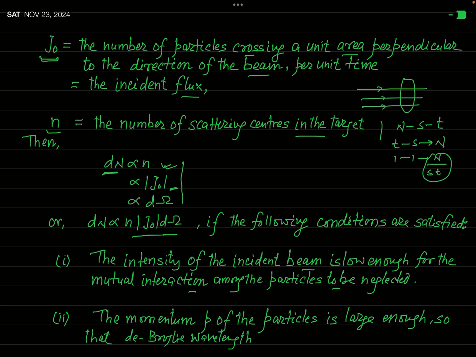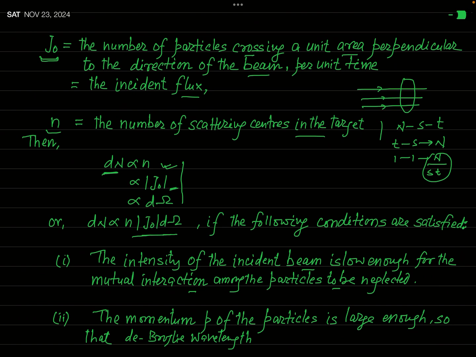Intensity means the density, the number of particles per unit volume. Let us suppose there are a large number of particles in unit volume. Then definitely there will be some interaction between the particles due to the larger density, because the particles will be very close to one another and we cannot neglect the mutual interaction.